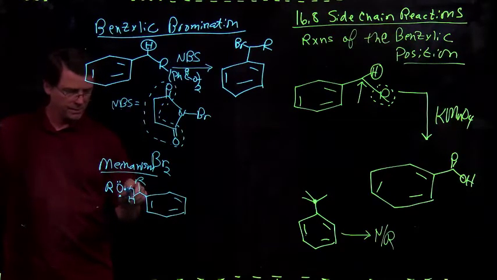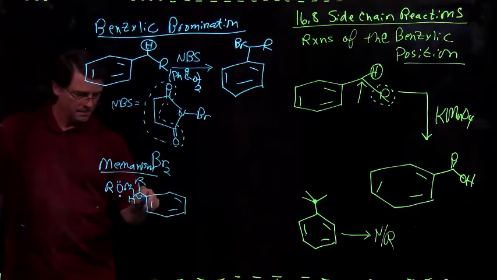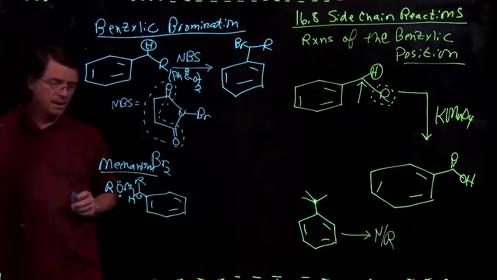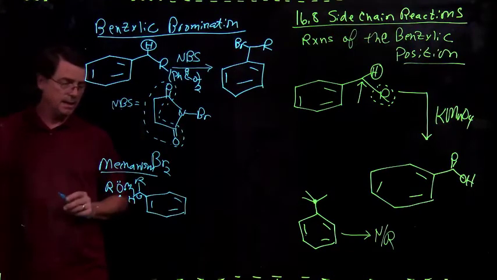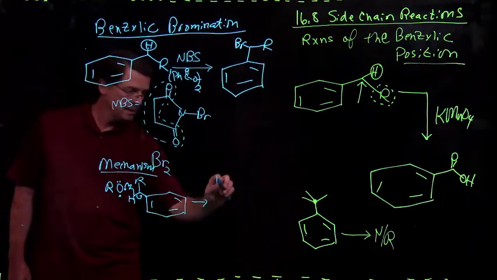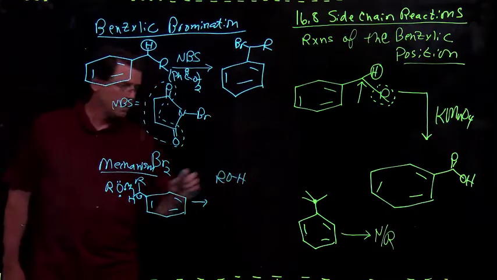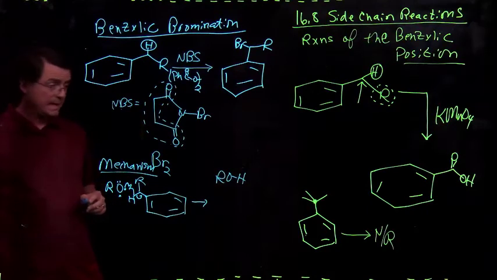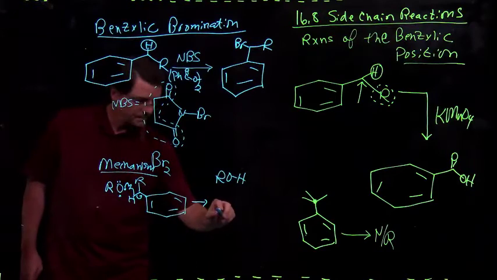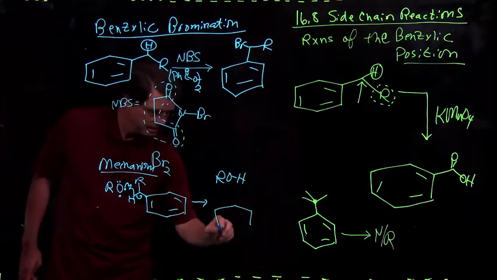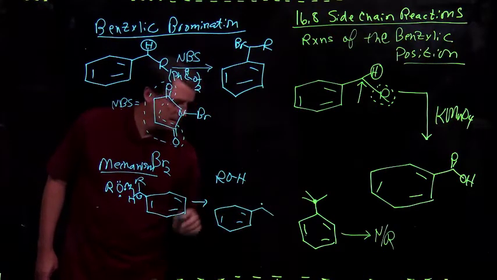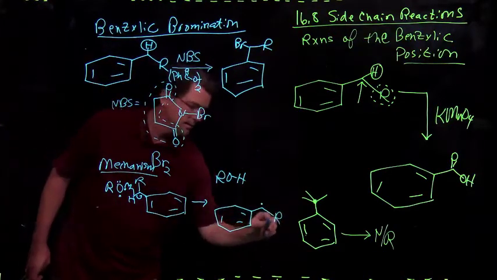Remember to push the arrows for radical reactions. I'm using the fishhook arrow or the single-headed arrow, which pushes one electron at a time. I have now made that bond. Of course, that's a benzoic acid, just showing it this way for simplicity. And we have made a radical at the benzylic position.